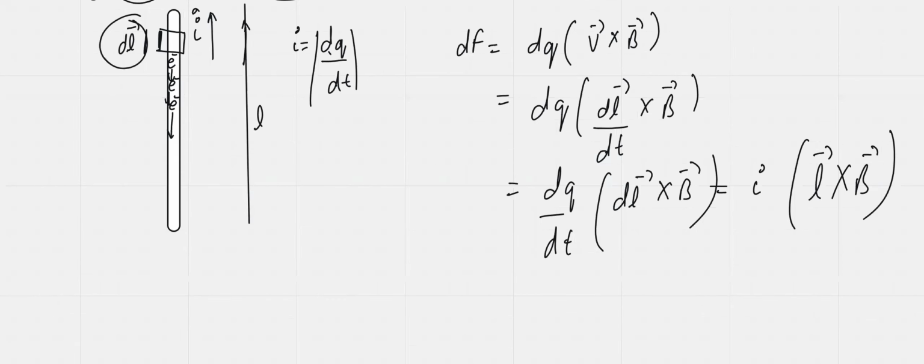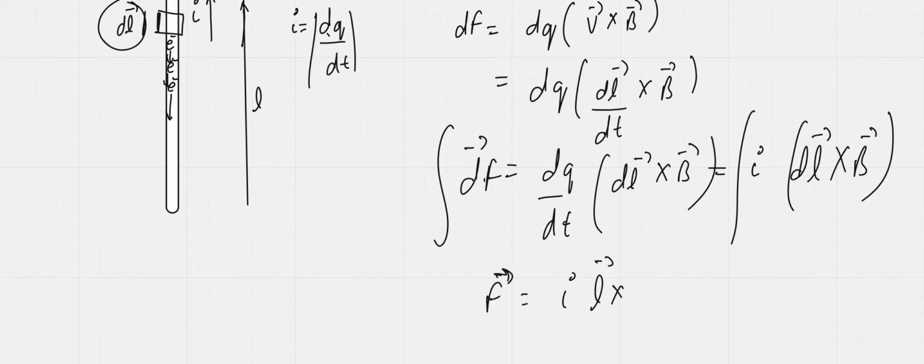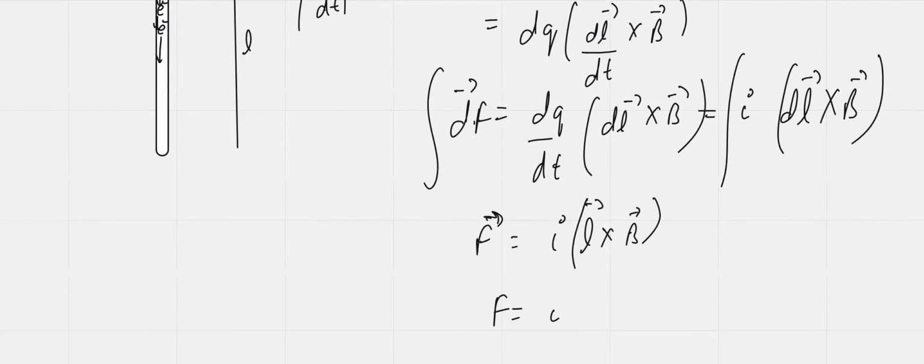So this is just dF, and this is dl also. Integrate this. What are you going to get? F equals I L cross B. In better terms, F is nothing but I L B sin theta, and I'm just suggesting the direction of force, because we don't know what the cross product comes out as.